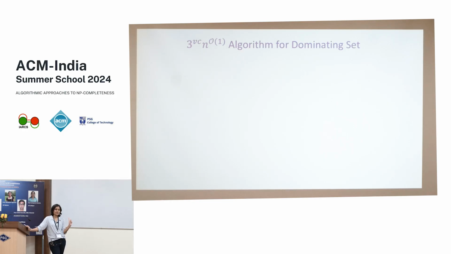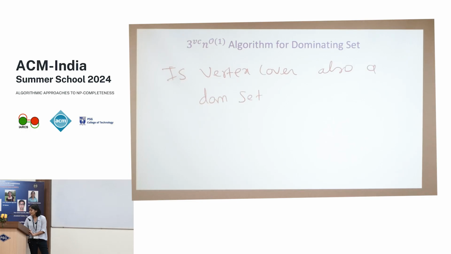First thing, I have one question. Can you tell me if a vertex cover is also a dominating set? Maybe not of small size or the smallest possible size, but is a vertex cover also a dominating set? Yes or no? Yes?